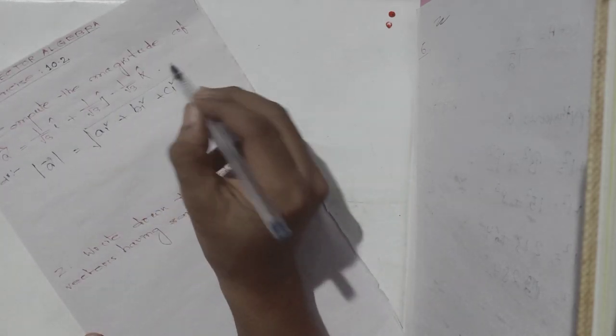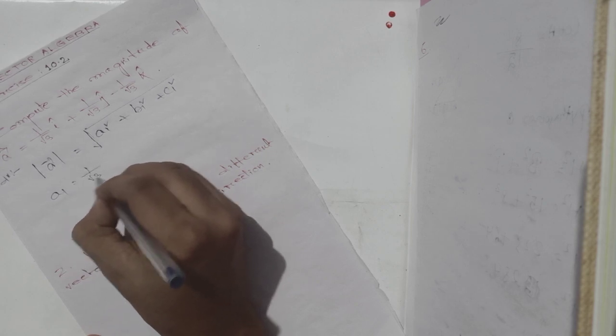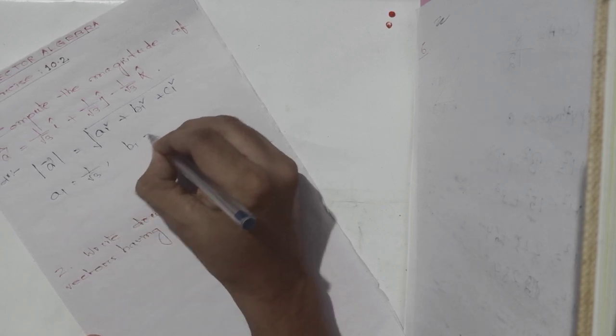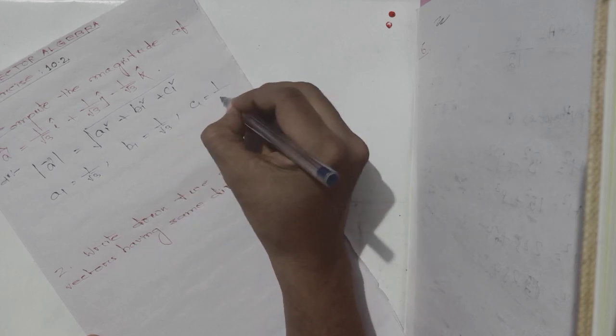Here A1 is 1 by root 3, B1 is also 1 by root 3, and C1 is minus 1 by root 3.